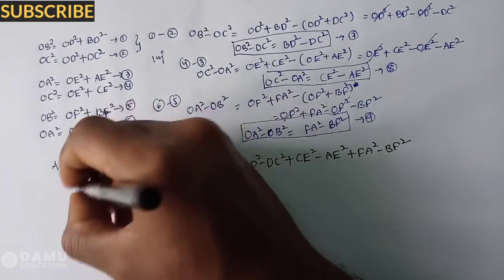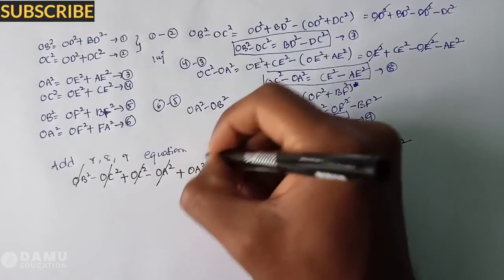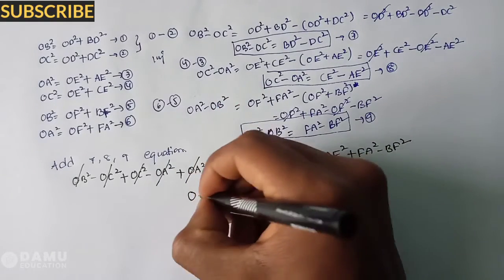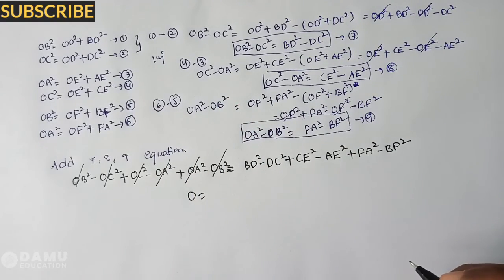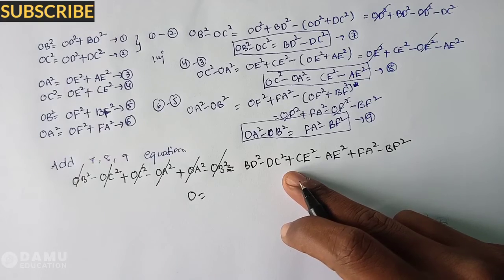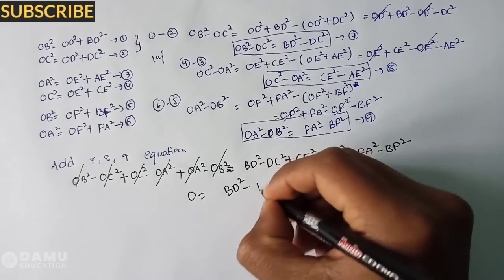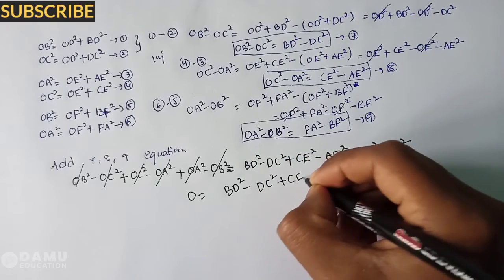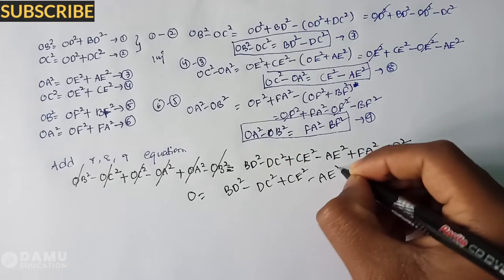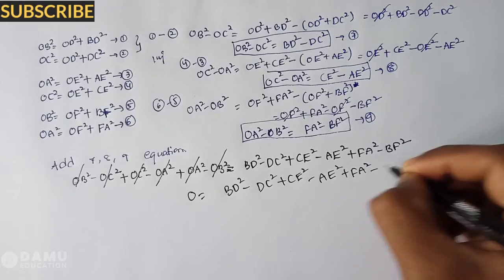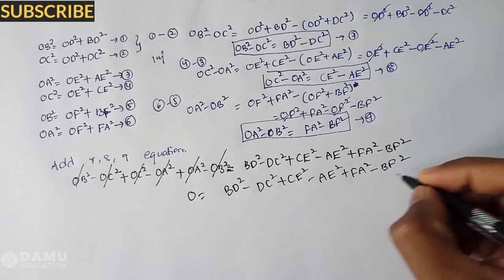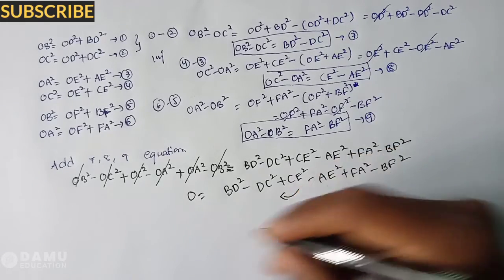On the left, all these values cancel and we get 0. Is there any cancellation on the right? No. So all the negatives will shift to the left side.